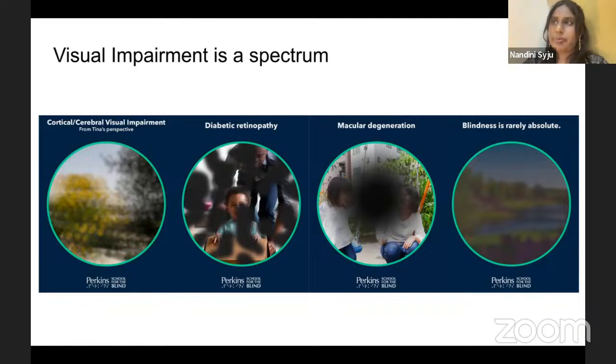But a lot of people have different types of visual impairments, as you can see on the screen. These are just representations, and there's more types out there. They will all come under the visual impairment spectrum, and they will all require different types of accessibility tools and different types of products that are designed for them, or they might prefer certain things which are more useful for them.